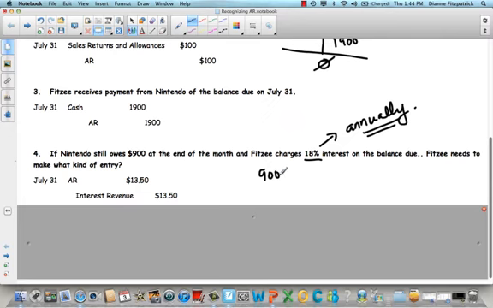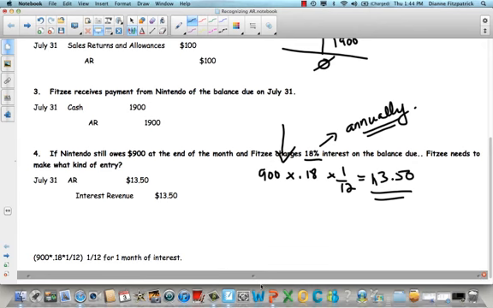So 900 times 0.18, so that's our face value, times our interest rate, times 1/12, should be $13.50. So in fact, we're right. So remember this formula, it applies to interest on receivables, all receivables, notes payable, notes receivables, and in this one.